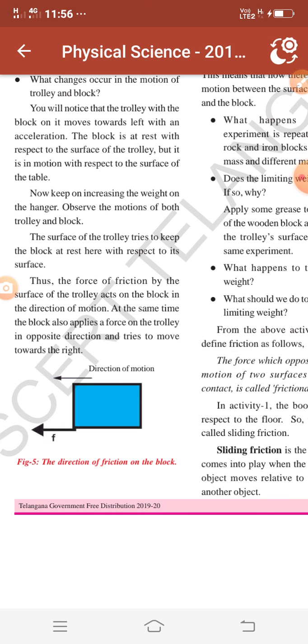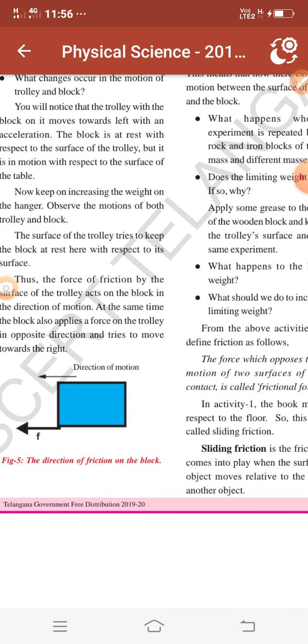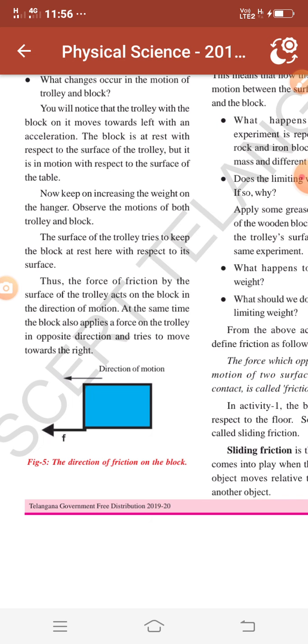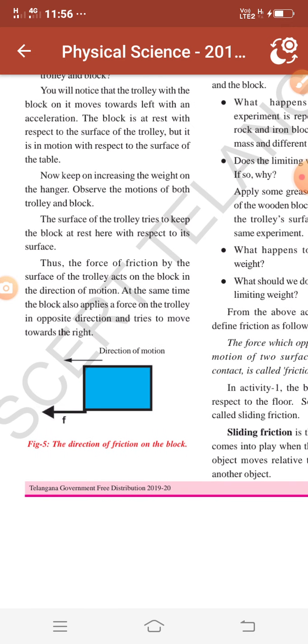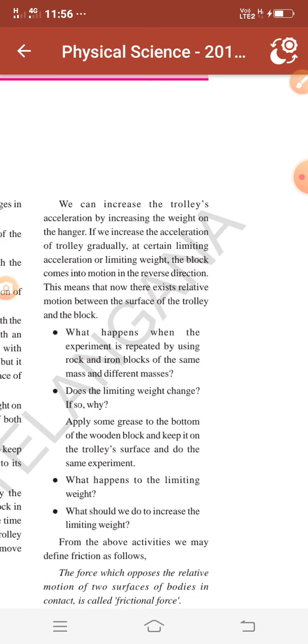At the same time, the block also applies a force on the trolley in the opposite direction and tries to move towards the right. See figure 5. Direction of motion.